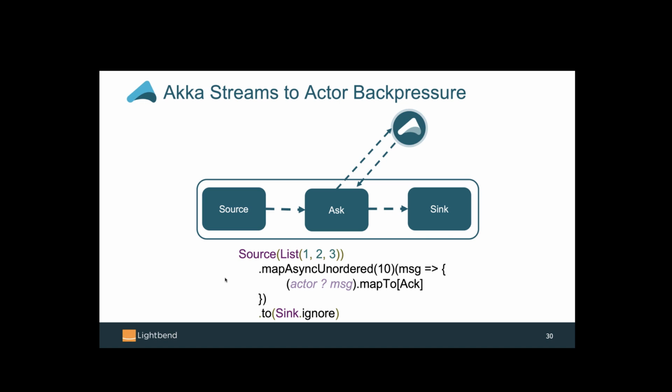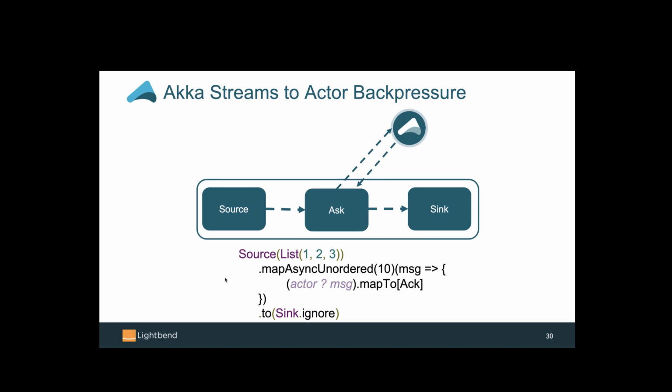So far, in this interop section, we've talked about how you can send messages to actors using a tell, how you can use streams to send messages to actors using an ask, and how we can increase that parallelism and send messages to actors many at a time.